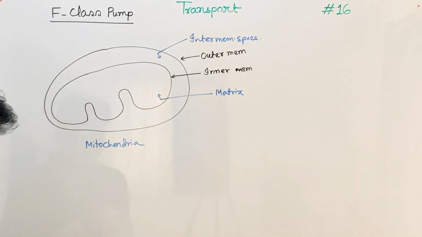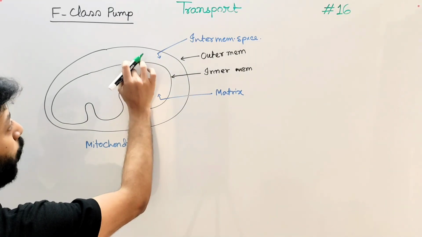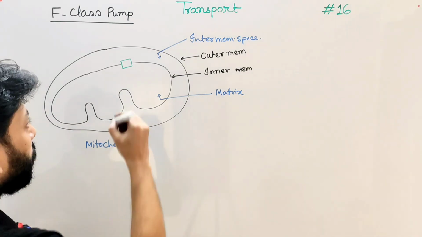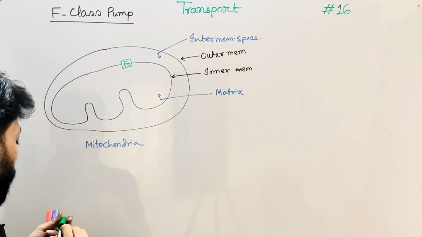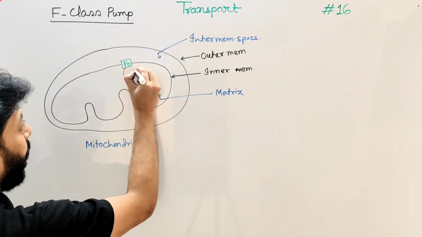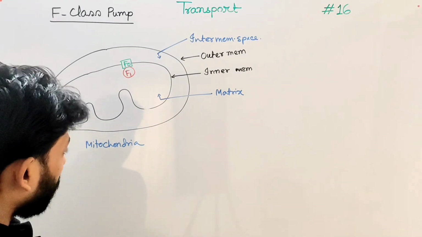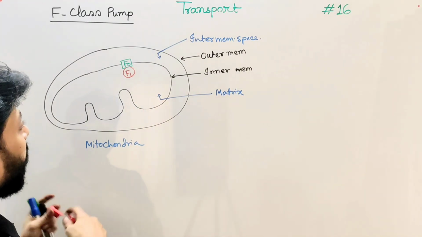As I have mentioned, this F class pump is present in the inner membrane. So the FO portion, the subcomplex, is present here, and the F1 is present inside the matrix. And the proton concentration gradient is high outside.